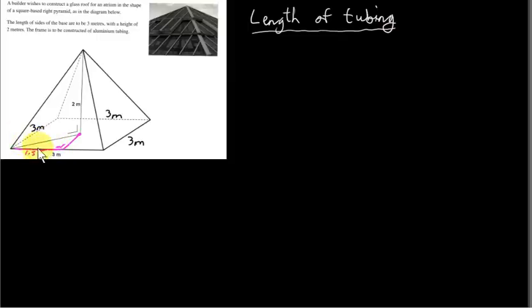The base is square, so we know that this angle here is 90 degrees. All of these angles are 90 degrees inside the square base, the four corners of the square base. So by symmetry, this line here is actually a diagonal of the square base. If I extend this line out along here, it'll be one of the diagonals of the square base. You can see that for a square, if we draw in a diagonal, we get a right angled triangle here, which has two equal sides.